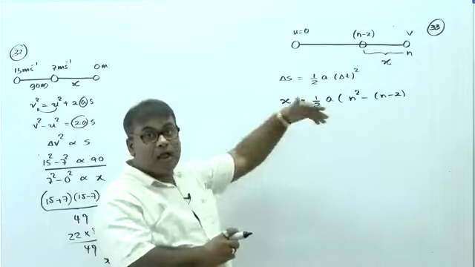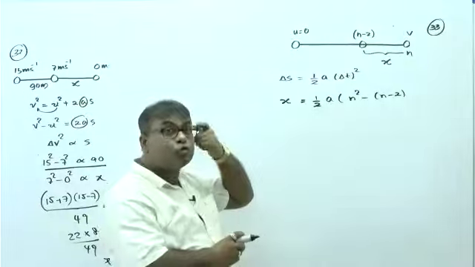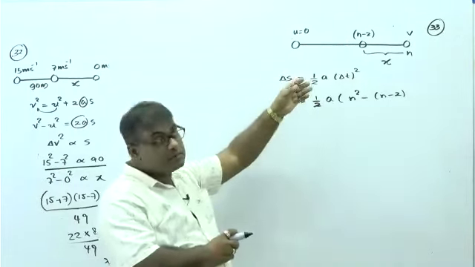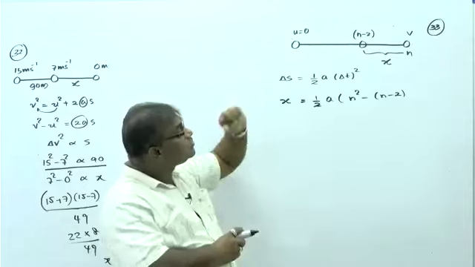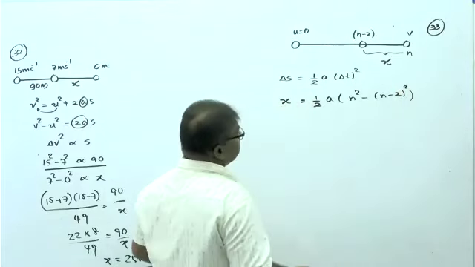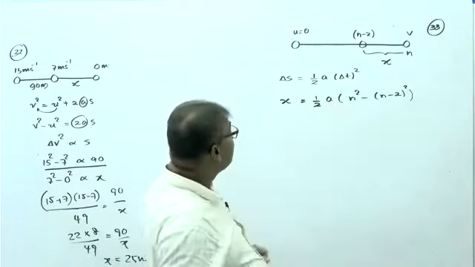Before the last 2 seconds means n minus 2, as the overall time is n. Two seconds earlier, it should be n minus 2, right? Okay, that was squared. But we need a now.